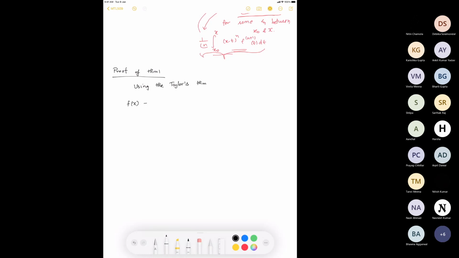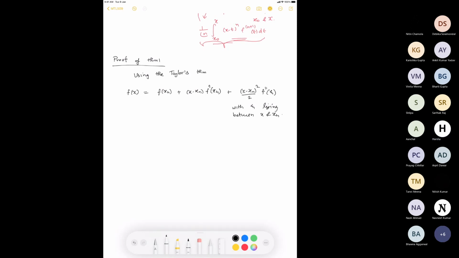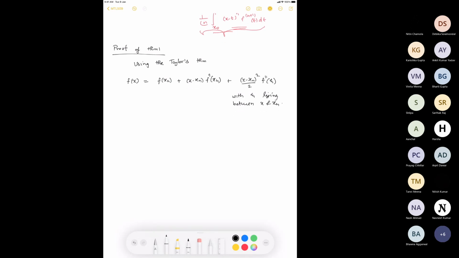So we are going to get f(x) as f(x_n) plus (x minus x_n) f prime of x_n plus (x minus x_n) squared divided by 2 times f double prime at some xi. So this xi will lie between x and x_n, right? This is for any x. I will formalize this as we proceed, but here I've just written what I have from Taylor's theorem.